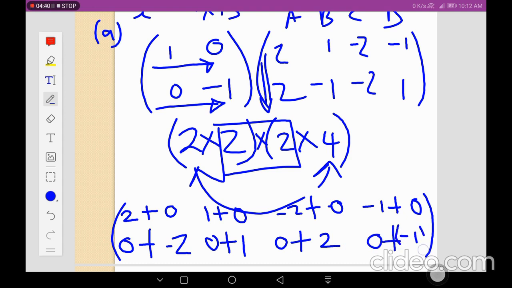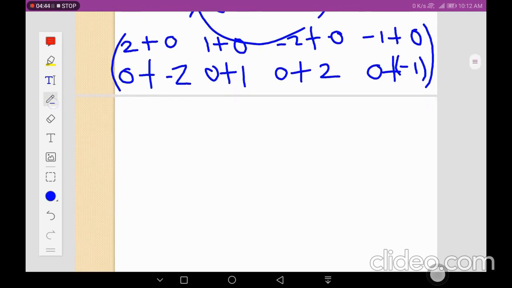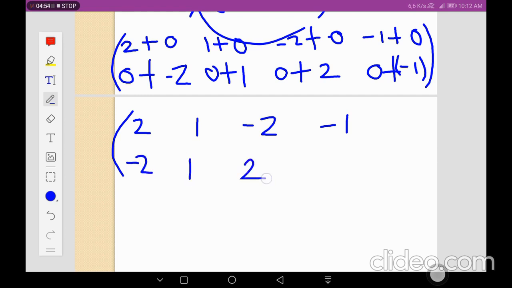Okay, now let's simplify that. What do we get? For the first row, 2, 1, -2, -1, and for the second row, -2, 1, 2, -1. Remember this was A, B, C, and D. So these are the images.